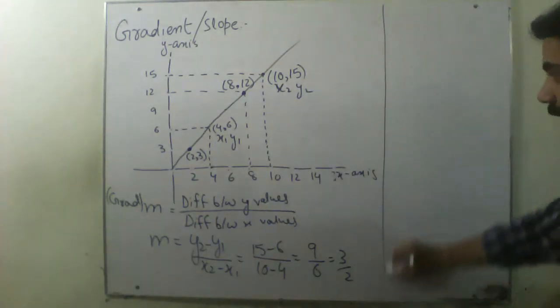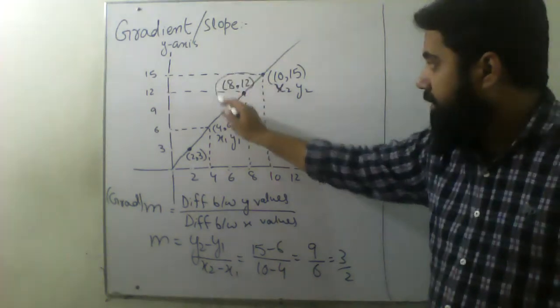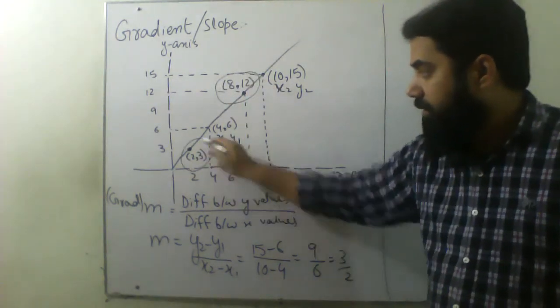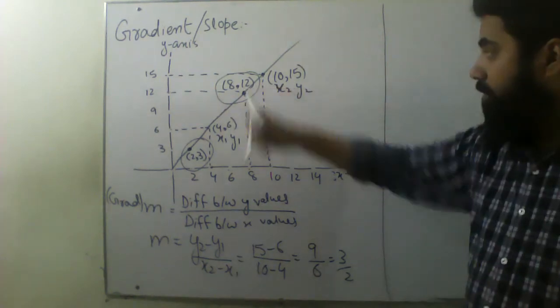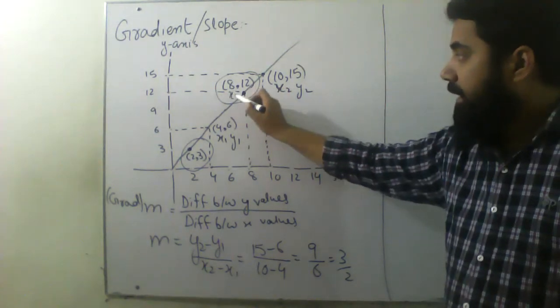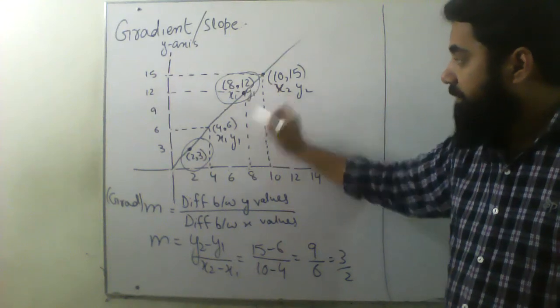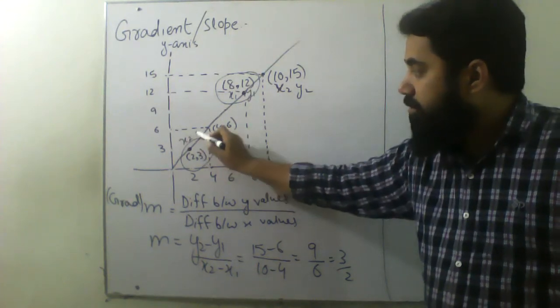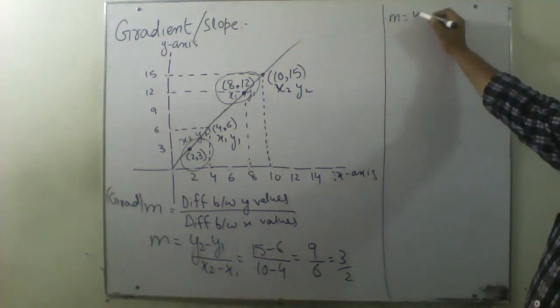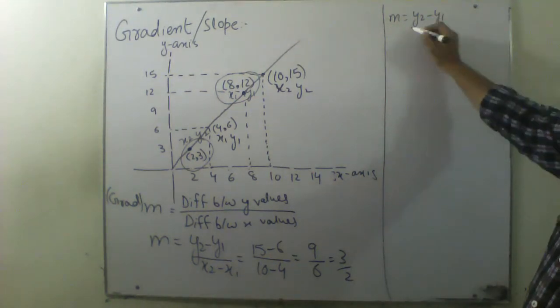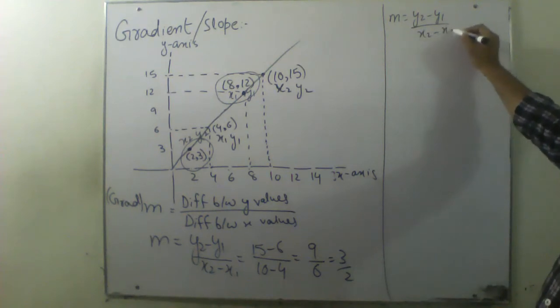Now I'm using this point and this point to see what my gradient is going to be. With x1 y1 and x2 y2, the formula is y2 minus y1 upon x2 minus x1.